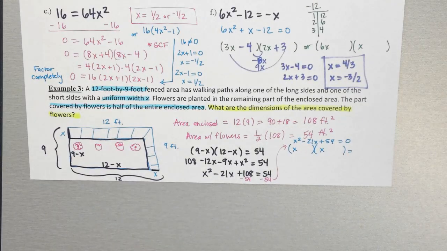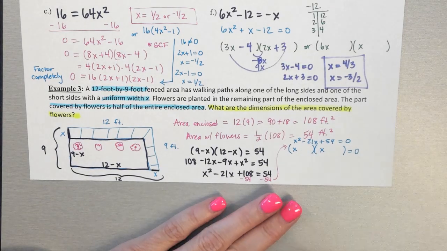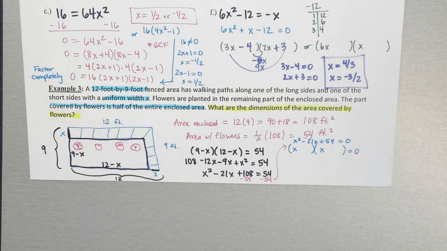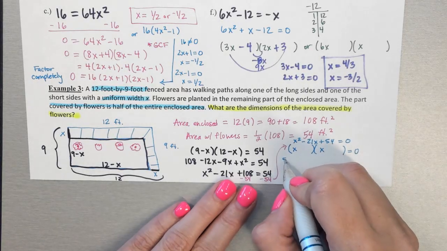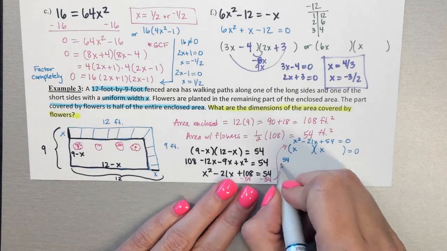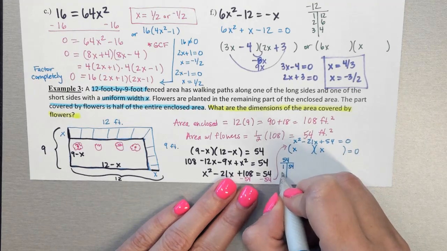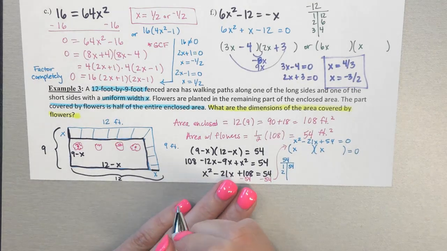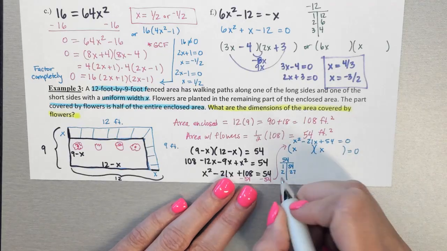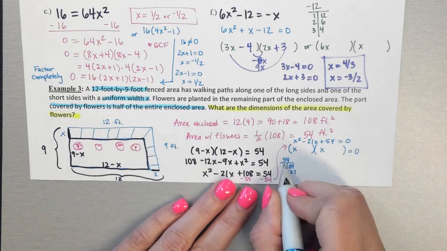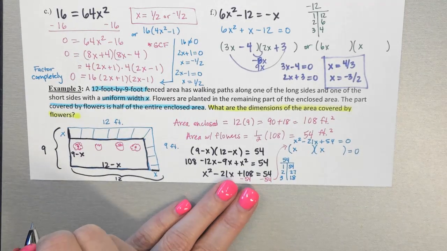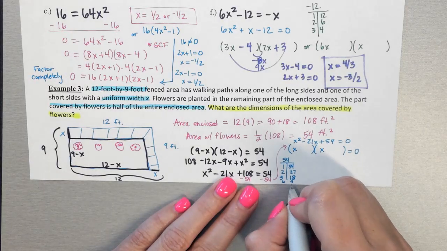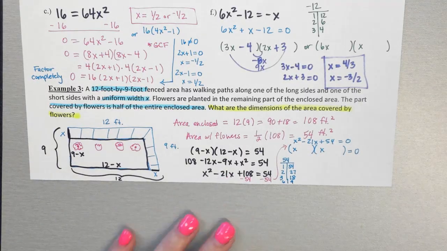Okay, and then we are going to factor that. Okay, so you can write out your chart for 54. Sorry, I really should have given us more room. So 1 times 54, 2 times 27, if I cut that in half. I know 3 goes in there because 5 plus 4 is 9. 3 times 18, and then you guys probably know that 6 times 9 is one of your facts.